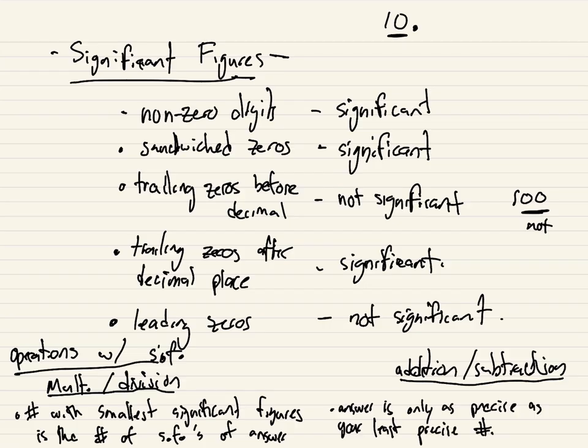And again, remember the way we did that is you line up the numbers according to their decimal place, and you draw a line to the right of the number with the least number of decimal places. And that tells you how many decimal places your answer has to go to, or what the precision of your number has to be. So those were our rules for sig figs and what constituted a significant digit.